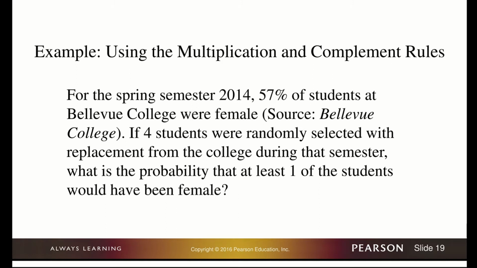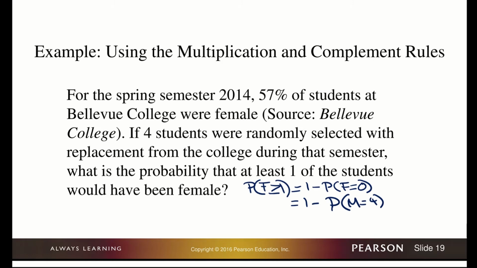So the probability of the number of females being greater than or equal to 1 is going to be 1 minus the probability of the number of females being 0, right? If there's not 1 or more, how many is there? That would have to be 0, right? F equals 0. So what does that mean? That's the same as 1 minus the probability that the number of males that are selected is what? 4. Remember, 4 are being picked.